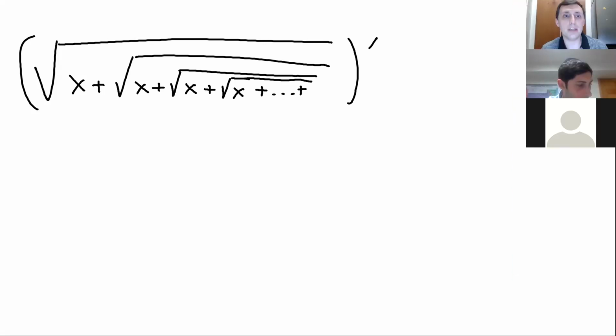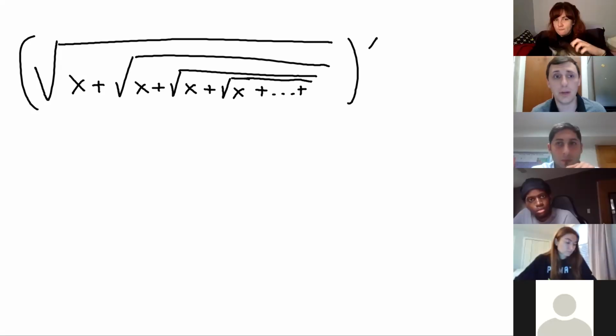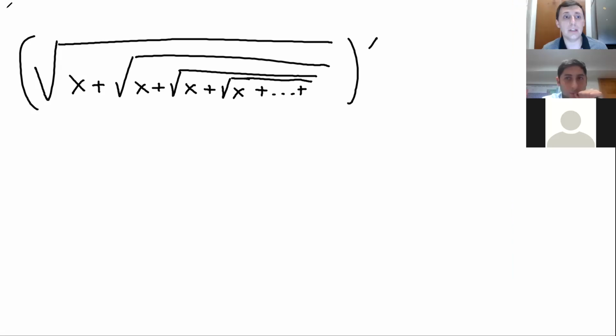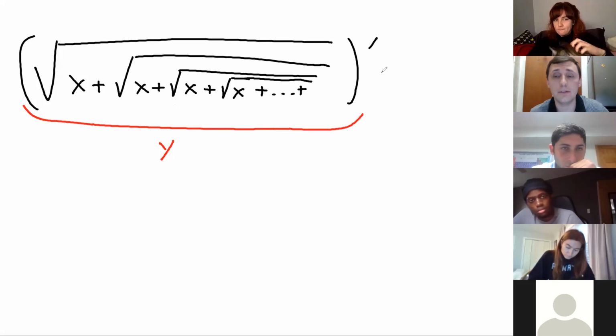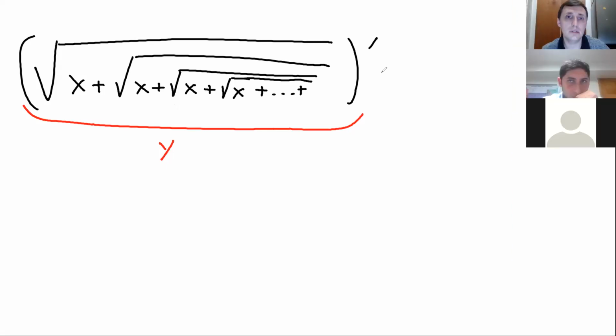All right, how do we make it simpler, guys? Look at this expression. Why start taking the derivative right away? Do you notice something? If we call the full thing y, then do you see that y is contained within itself?